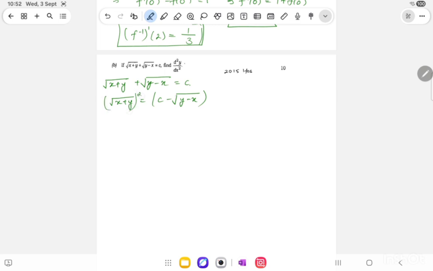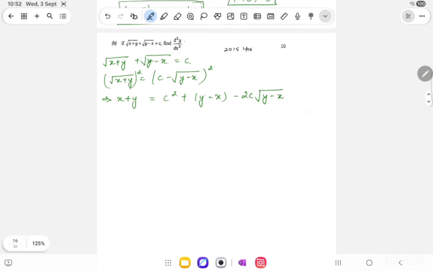I can take the whole square on both sides, so I'll be getting x plus y is equal to c square plus y minus x minus 2c under root y minus x. Now if I simplify it, this y balances out this one, so I'm left with 2x minus c square is equal to minus 2c under root y minus x.